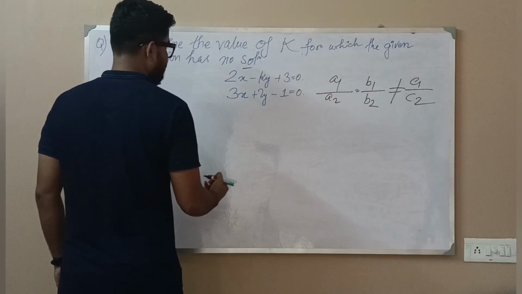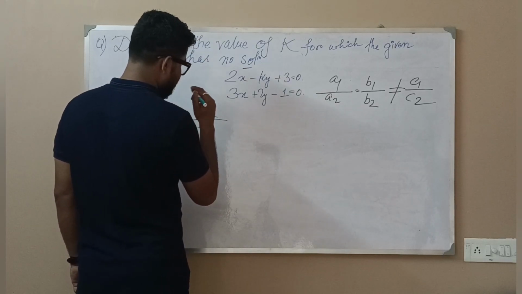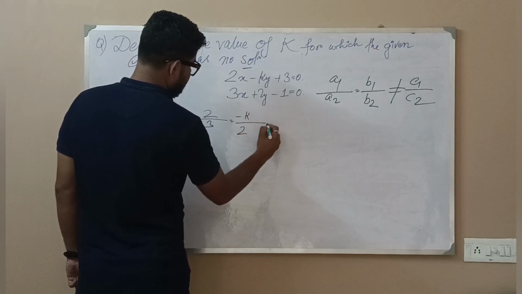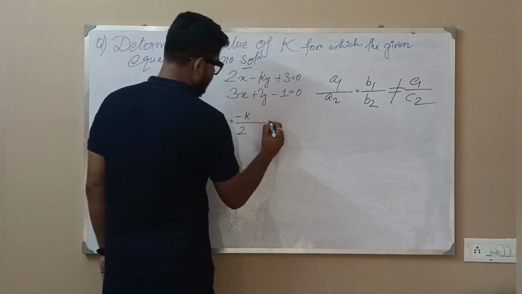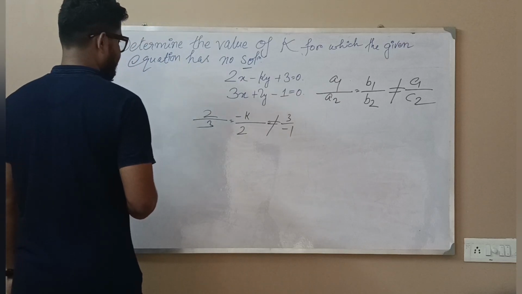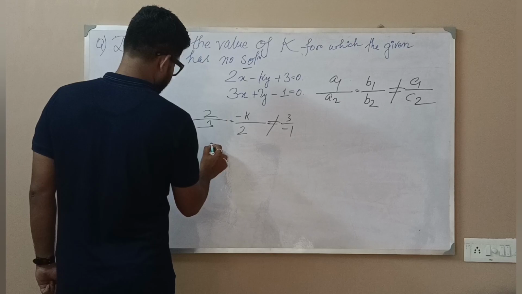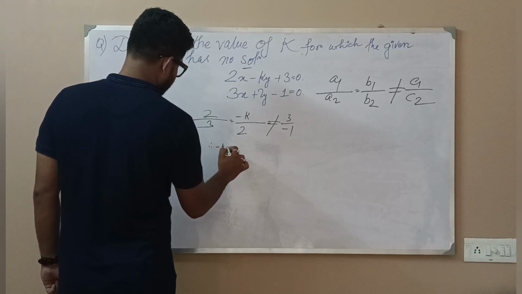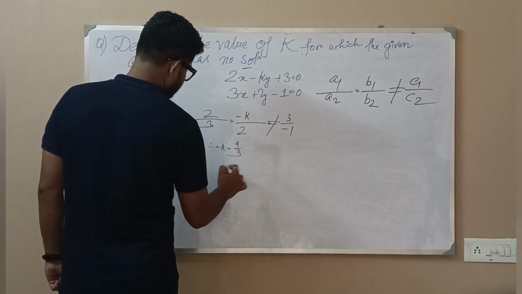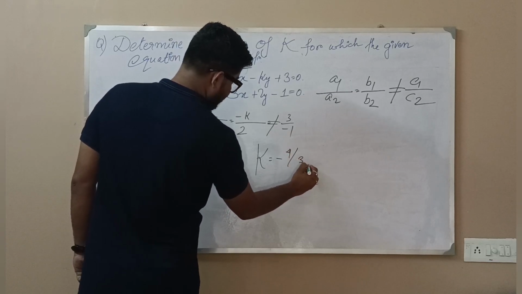So a1 is 2 and a2 is 3, so 2 by 3 equals minus of k by 2, equals, sorry, not equals, 3 by minus of 1. Okay, so we can write from this part, therefore minus of k equals 4 by 3. So the value of k is minus of 4 by 3.